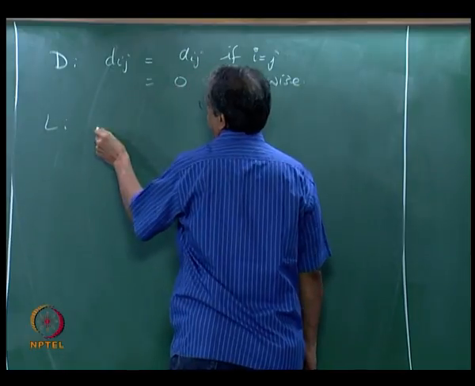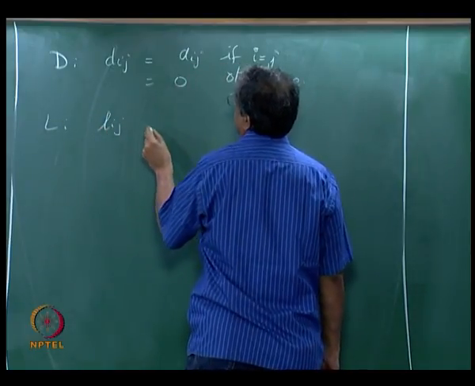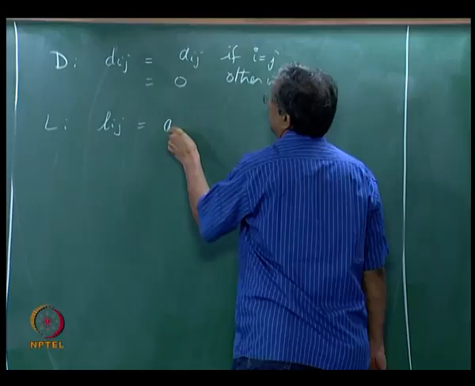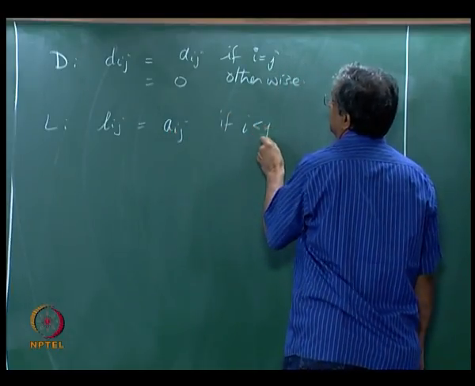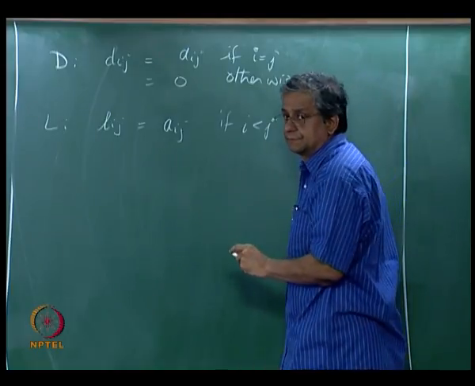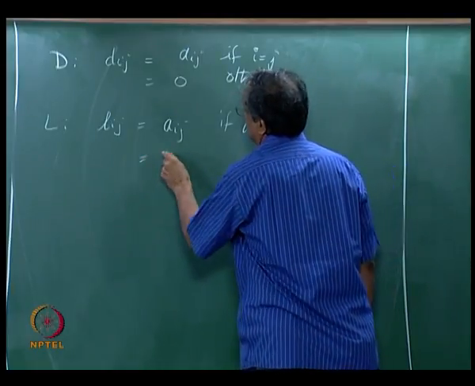So, for L, Lij is Aij if i is less than j, and it equals 0 otherwise.